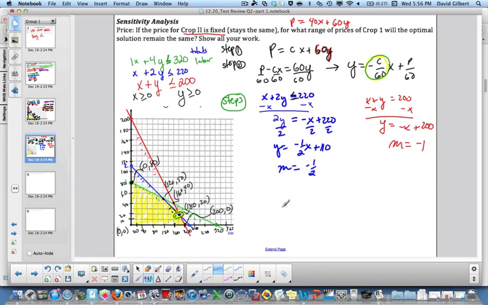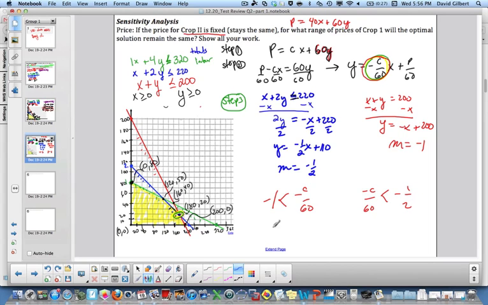So what we want to solve is our slope for our profit function, manipulating the price on crop 1, so the coefficient of x. That slope has to be greater than negative 1. Negative c over 60 has to be greater than negative 1, and then negative c over 60 also has to be less than negative 1/2.